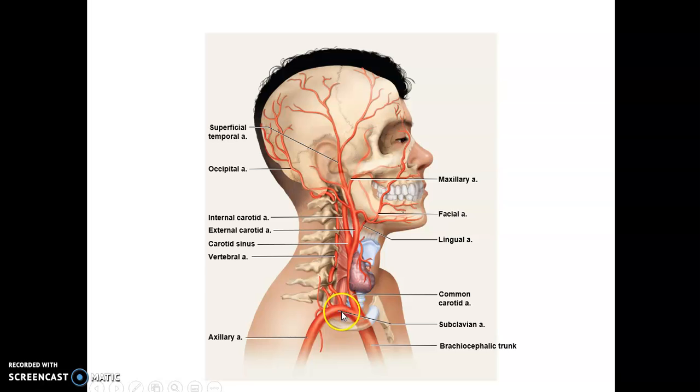From there, you have your subclavian artery, which leads to the axillary artery, which starts your brachiocephalic trunk, which is the first tube shoot off of our heart.